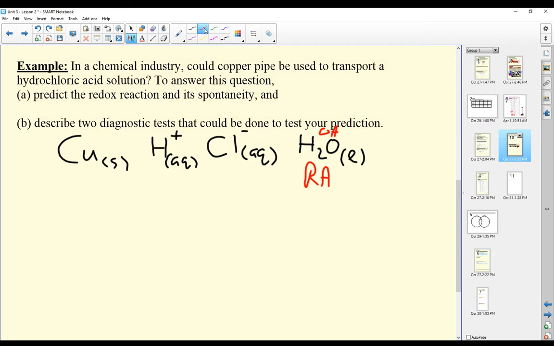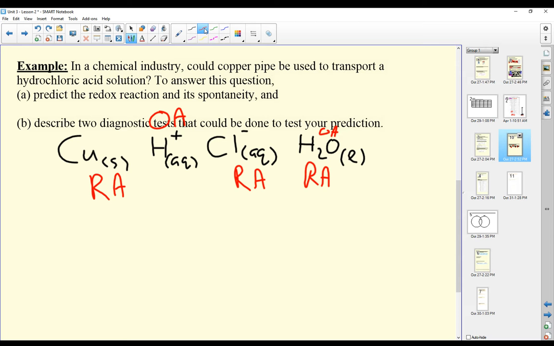Cl minus is a reducing agent. H plus is an oxidizing agent. And Cu solid is a reducing agent. When we go to our table, what we find is that copper, a lot of times we're going to have metals.